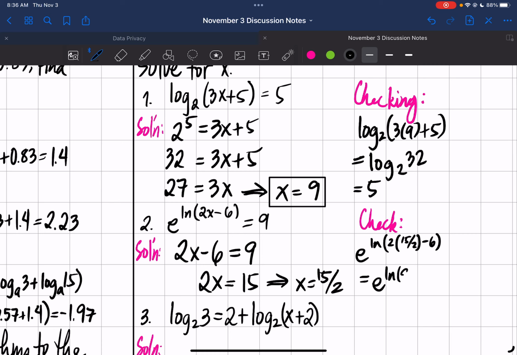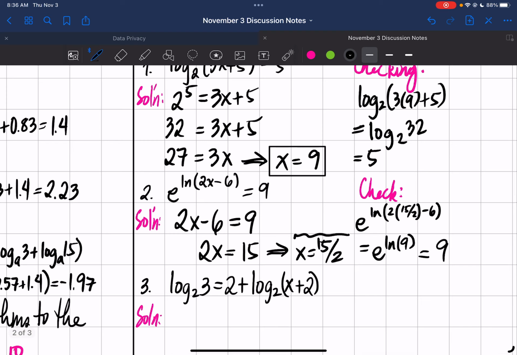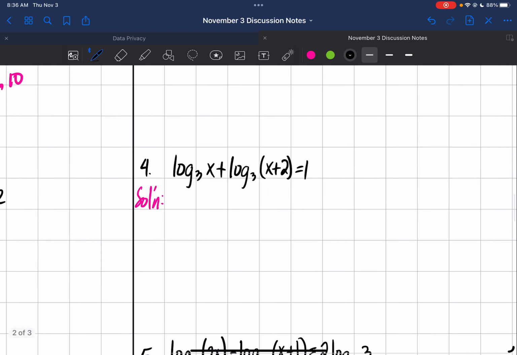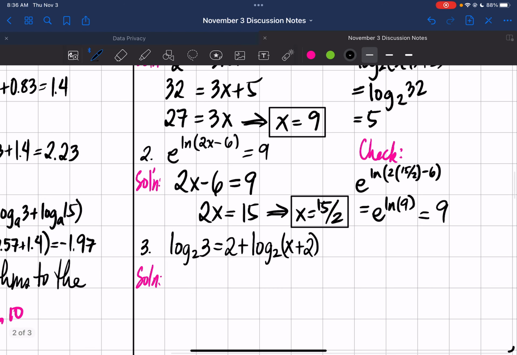So e raised to ln 9. And so, because they are inverses of each other, we get 9. So this is the solution of our equation. I hope that's clear. So let's proceed to the next problem.